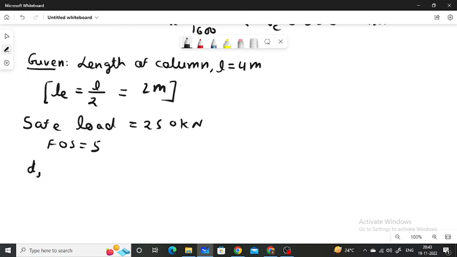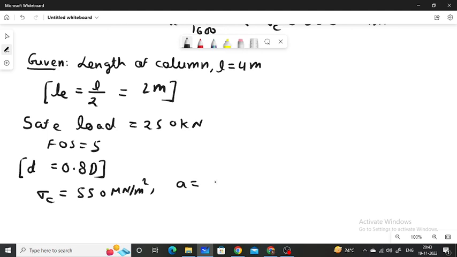If the internal diameter is di or small d, it will be equal to 0.8 times of external diameter. Sigma C is 550 meganewton per meter square and A is 1 upon 1600.